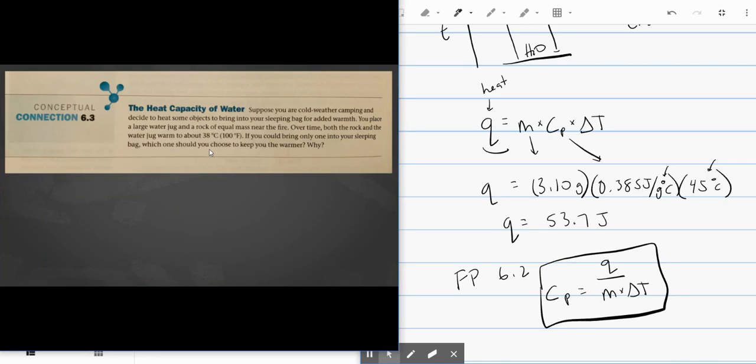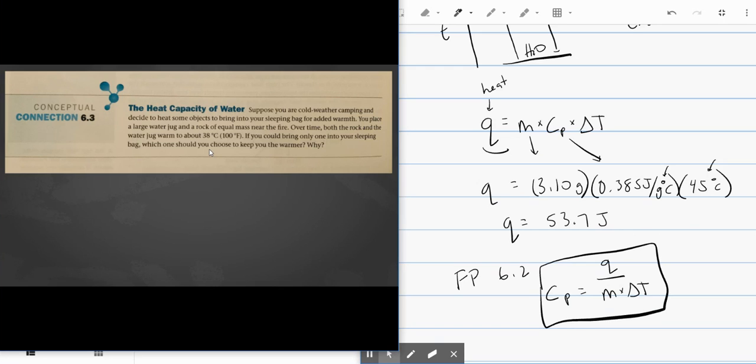All right, and last, we're going to go over the conceptual connection. You guys have been working with the natural world your entire lives, so you have some kind of innate sense of the specific heat of water. Let's talk about this question and see if you can come up with the right answer based on what you know. Suppose you are cold weather camping. I don't know if you've been camping in the cold, but it's not very fun.